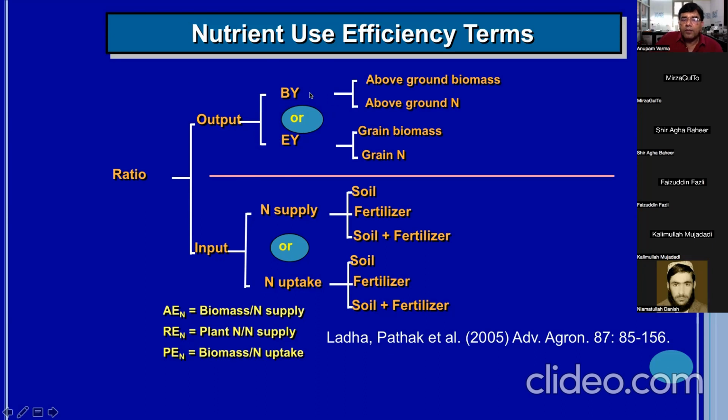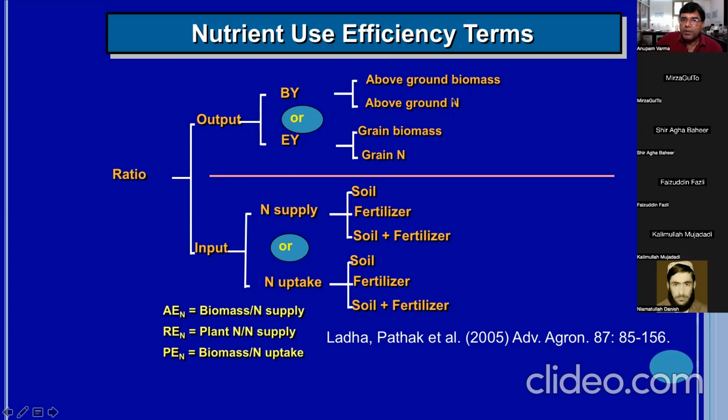And then what is biological yield? It can be defined in two terms. One is above ground biomass. How much is the dry matter? How much is the total biomass of the plant? And it can also be explained based upon the above ground nitrogen, means how much total nitrogen uptake is there in the plant biomass, means nitrogen uptake in grain plus nitrogen uptake in straw.